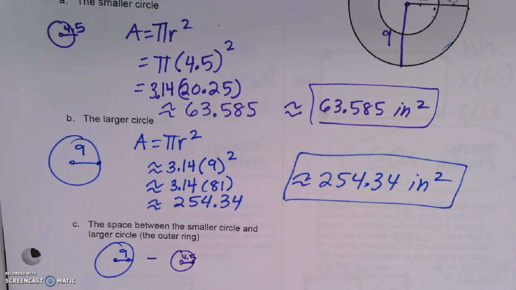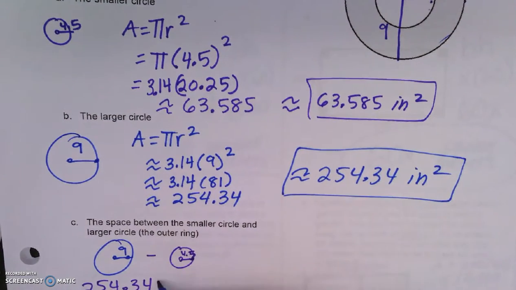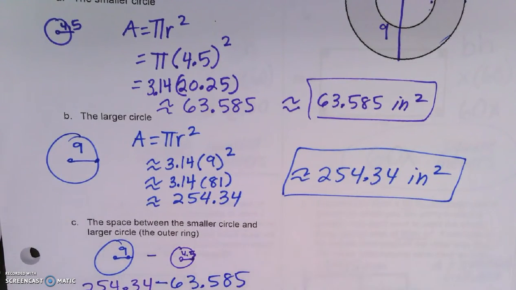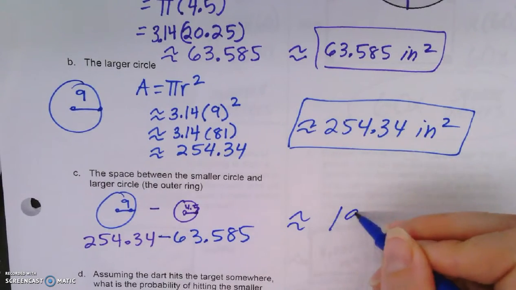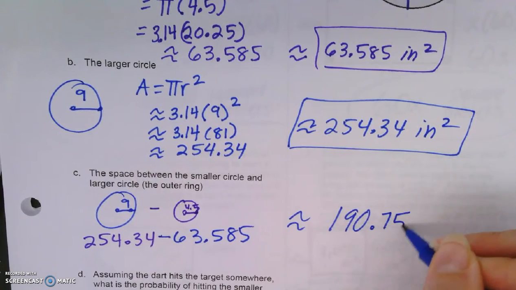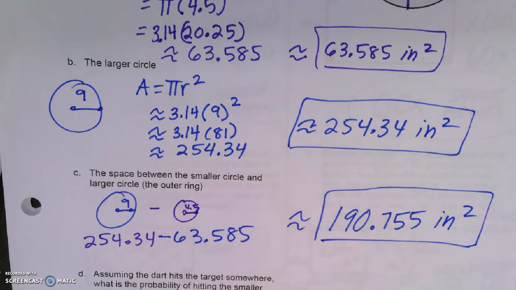We already calculated those numbers, so we have 254.34 minus 63.585. And when you do that, we get about 190.755 square inches. Nice that they were all in the same units. Really cool.